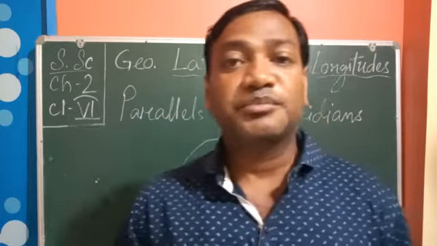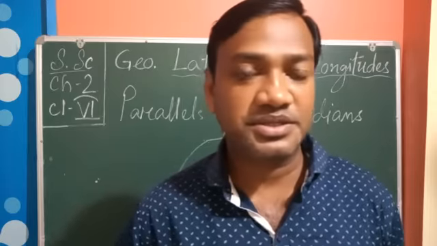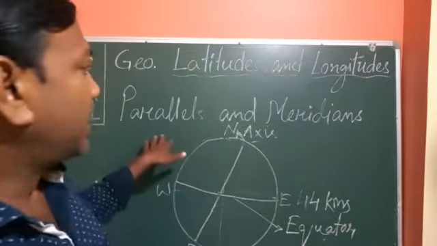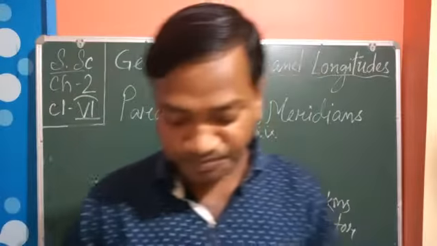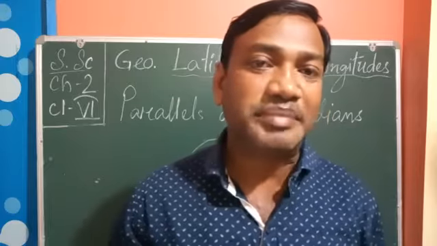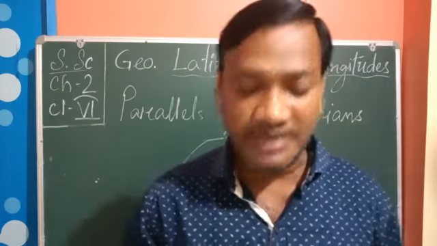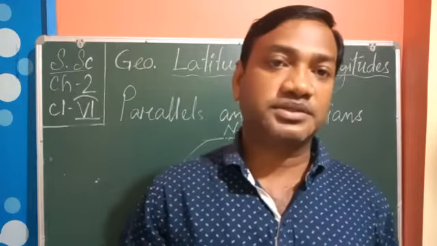Now students, let us discuss parallels and meridians, which are called parallels and which are called meridians. The globe, which is the exact representation or exact model of the earth, has two sets of circles.